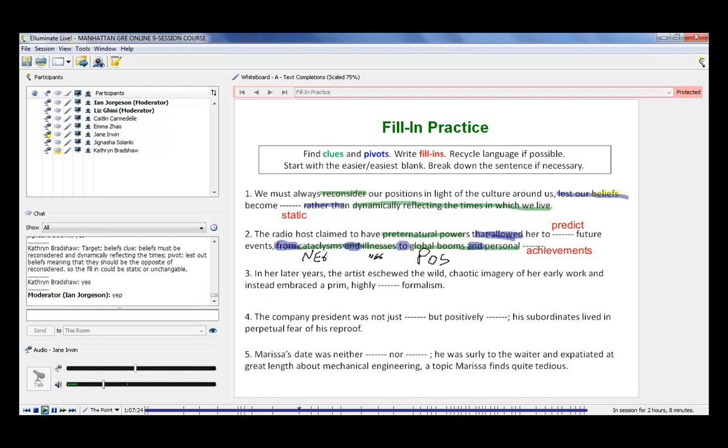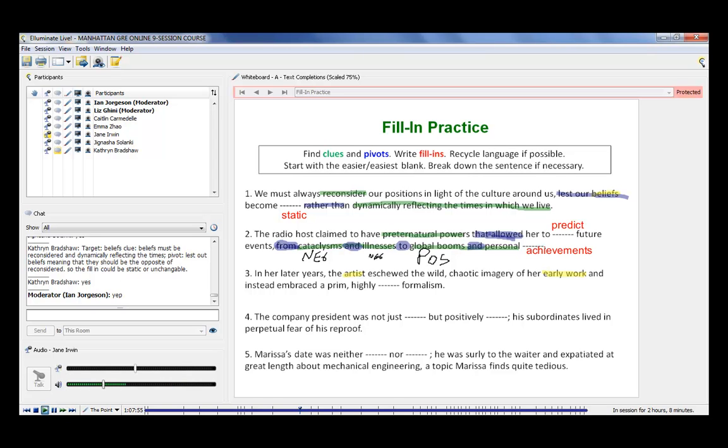Yes, okay, good. Okay, so: in her later years, the artist eschewed the wild, chaotic imagery of her early work and instead embraced a prim, highly blank formalism. So the target is the artist, or actually, sorry, the blank is describing her work. So I kind of messed up. So the artist's work, yeah.